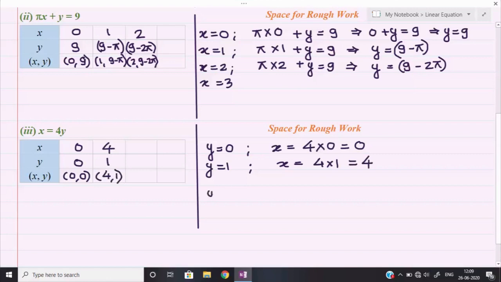Similarly, if I take the value of y is equal to 2, the value of x is 4 into 2, which will become 8. So the value of x is 8 when the value of y is equal to 2, so the solution will be (8, 2). Now one more solution you can find on your own.